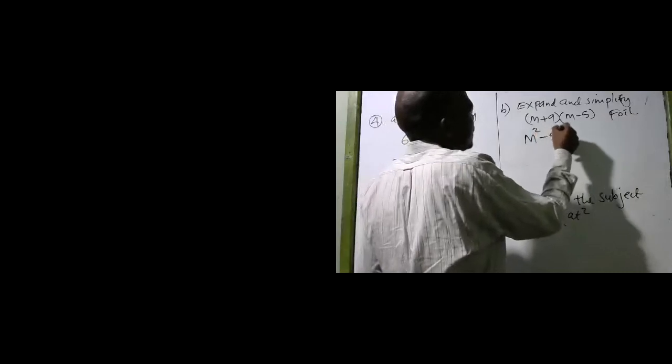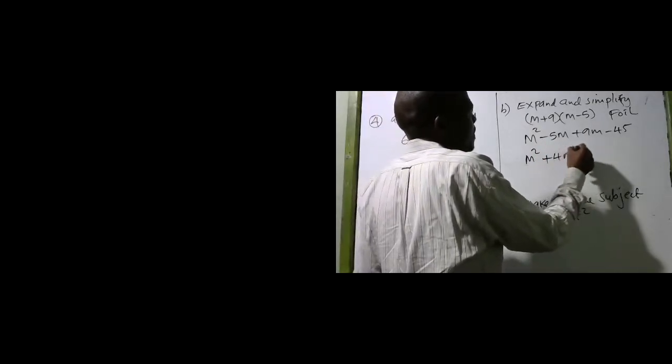Plus 9m. Minus 45. Then we need to add the like terms. We have m squared, minus 5m plus 9m is plus 4m, minus 45. Done. That's the answer for that question.